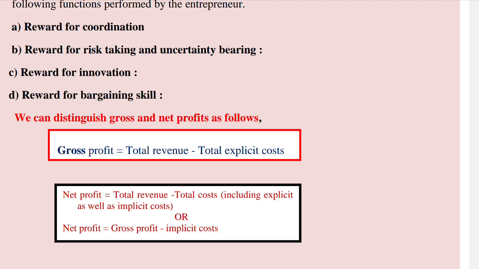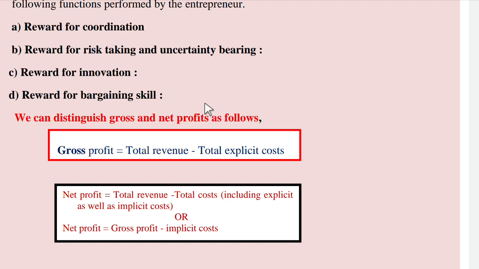Thus, we find that net profit is only one of the constituents of gross profit. Here, net profit is arrived at by deducting all the contractual and non-contractual payments from gross profit. It may be noted that net profit may be either positive or negative.